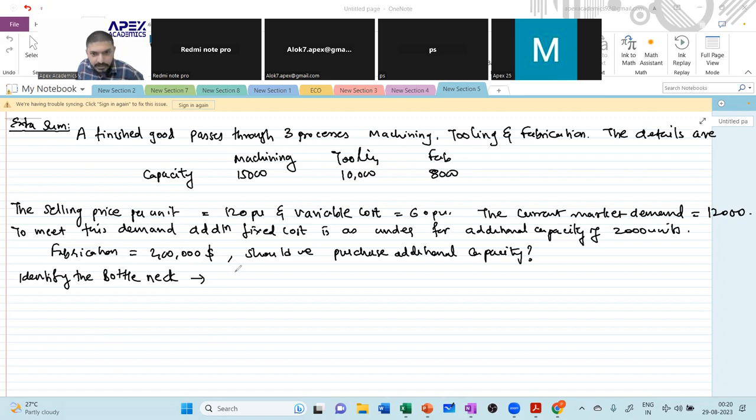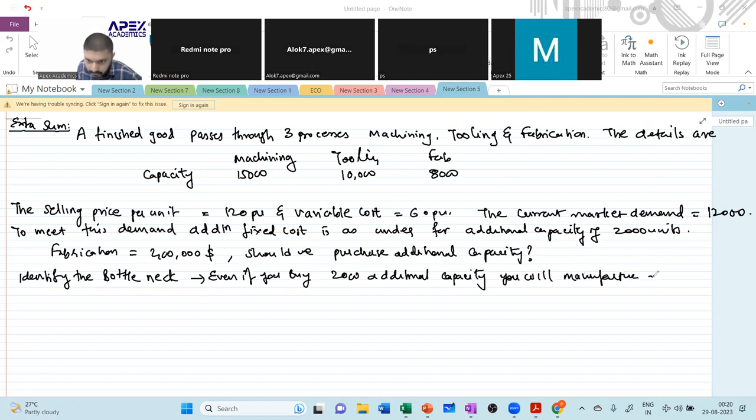Identify the bottleneck. What is the bottleneck? Even if you buy 2,000 additional capacity, you will manufacture only 10,000 units.